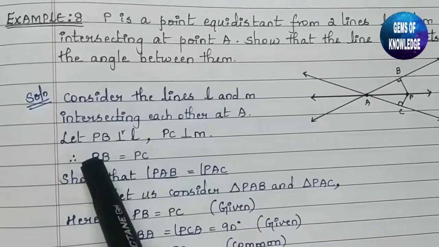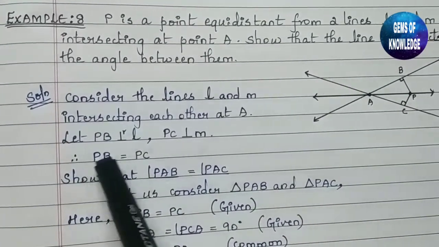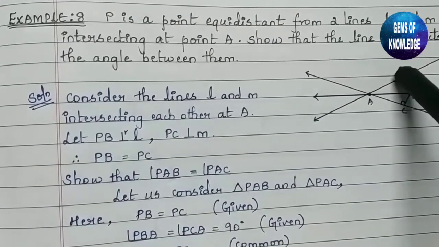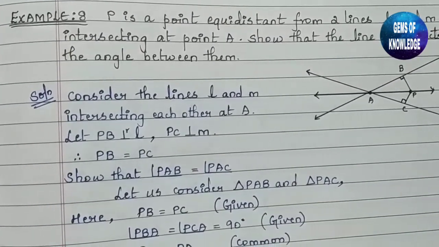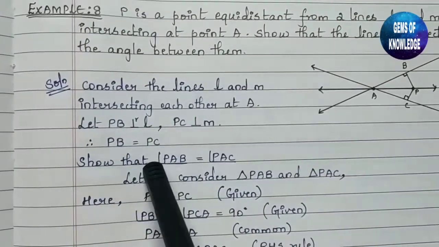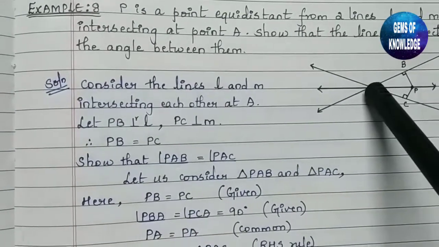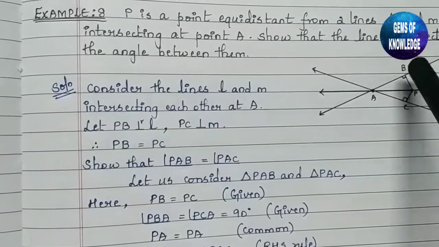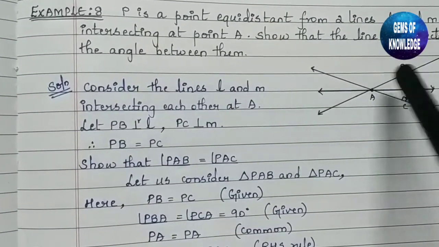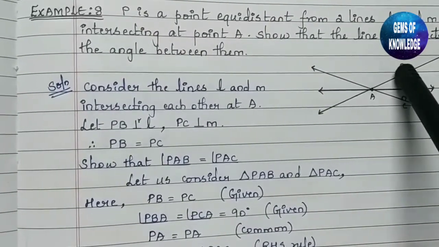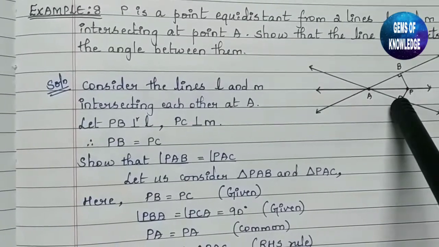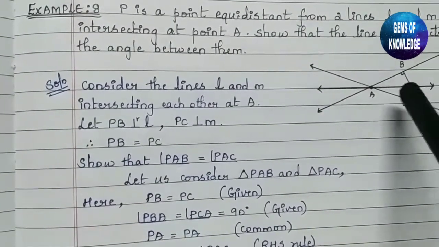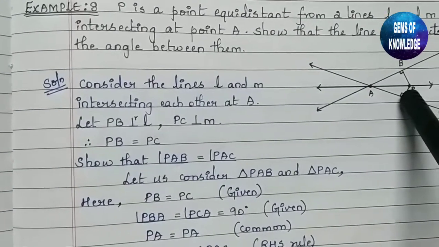Now, therefore, we can say that this PB is equal to this PC. And what we need to show is, if this line AP is bisecting this complete angle, it is cutting this complete angle into equal halves, equal angle over here and equal angle over here.